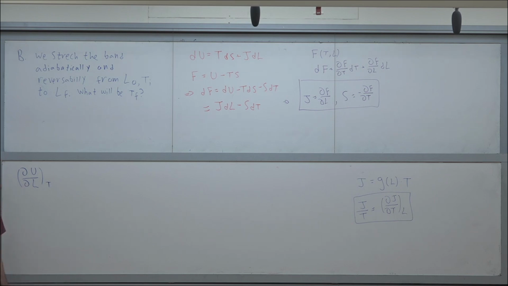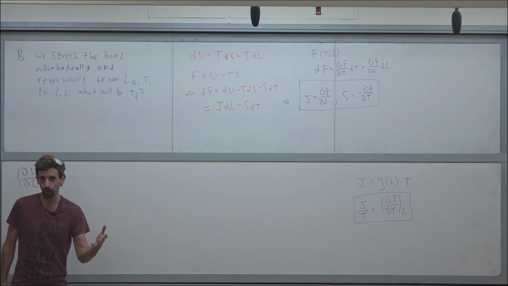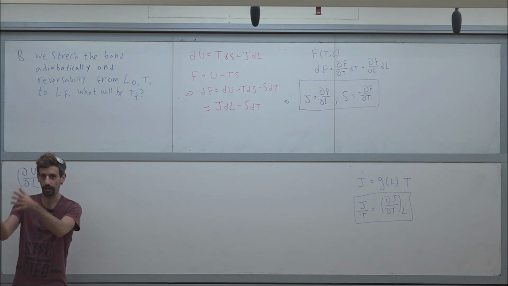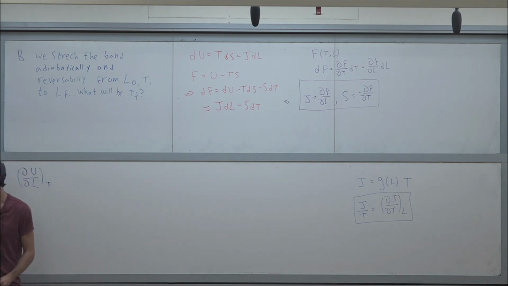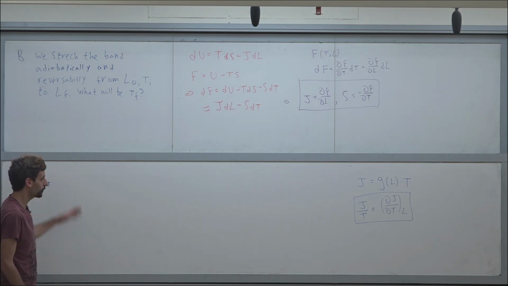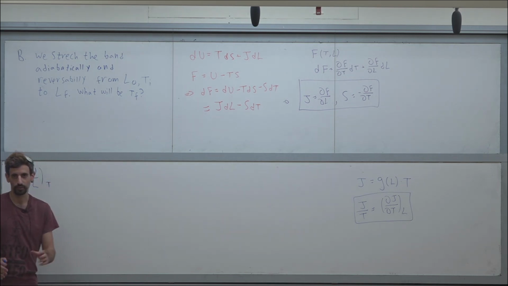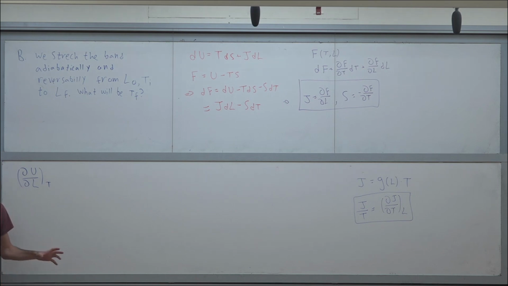Because heat capacity always means that you have some U equal to some constant times dT. So if U only depends on the temperature, I can define the heat capacity, which is a constant.